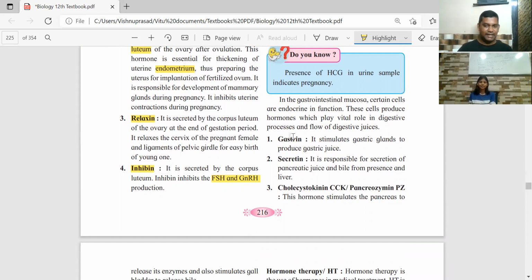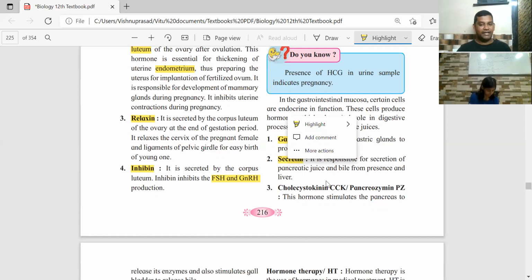First one, gastrin, stimulates the gastric glands, the lining of the stomach, to produce the gastric juice. Second one, secretin, stimulates secretion of pancreatic juice and bile from the pancreas and liver.